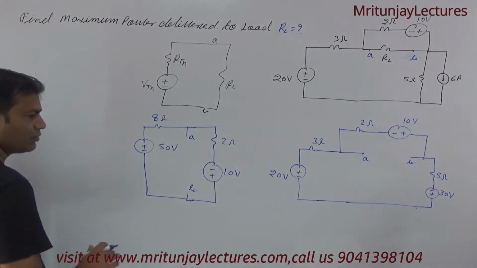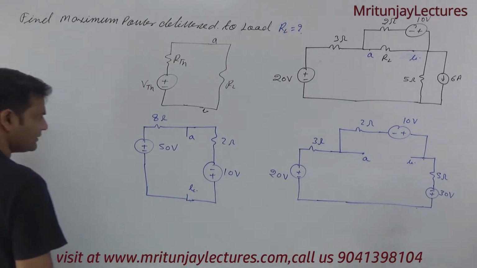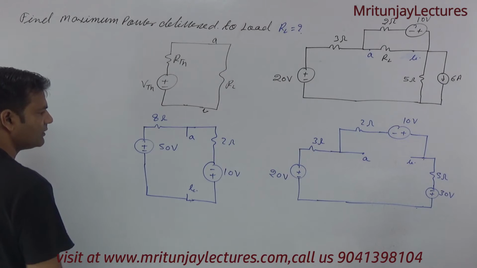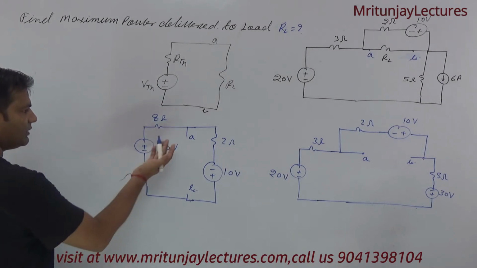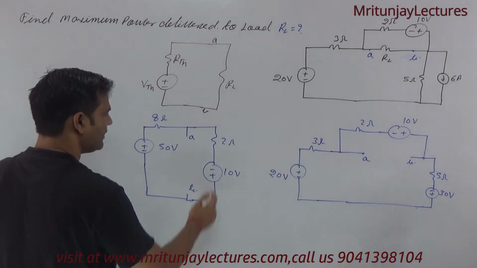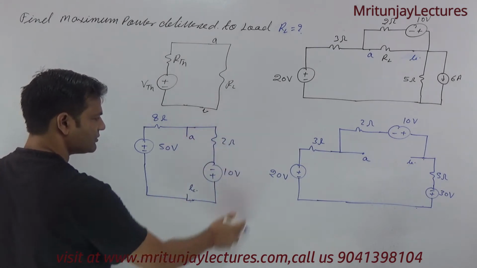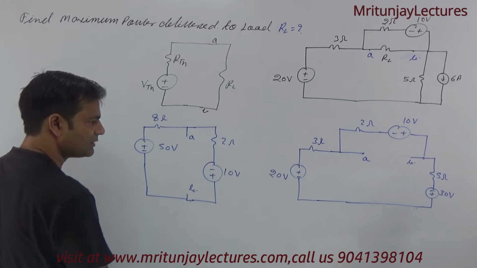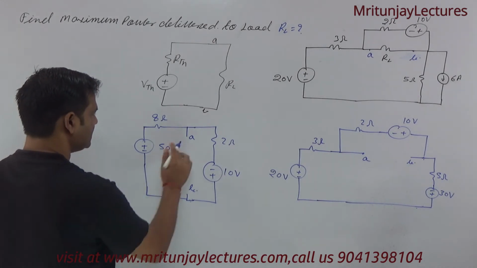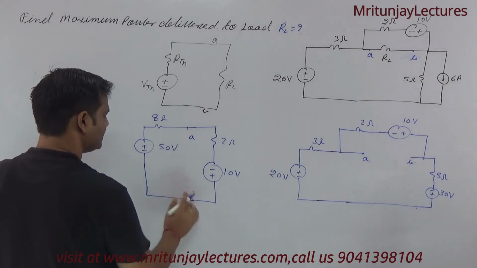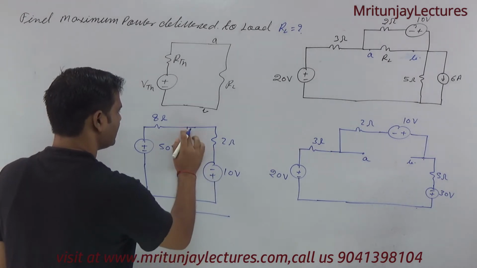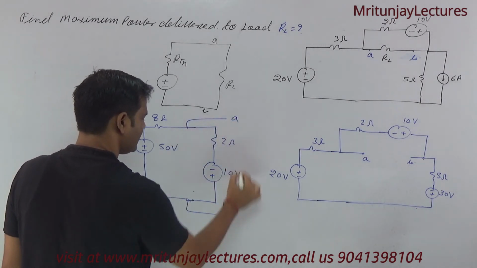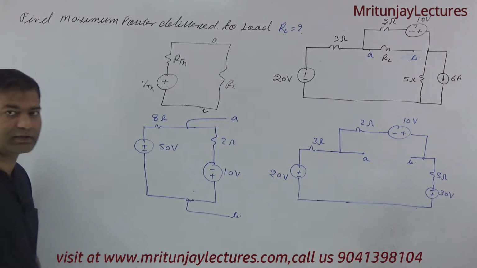So how can we change again? If this one is converted with the help of source transformation into a current source and voltage source, then tell me simply, that is A and that is B. Clear or not?